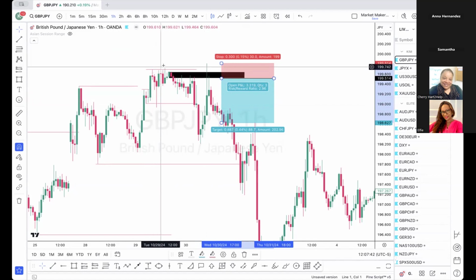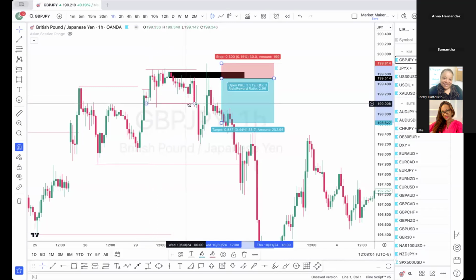If you're doing a buy stop for a buy, you're buying at the high, which was not how I was taught to trade in the beginning. I was taught to sell from the high and buy from the low.